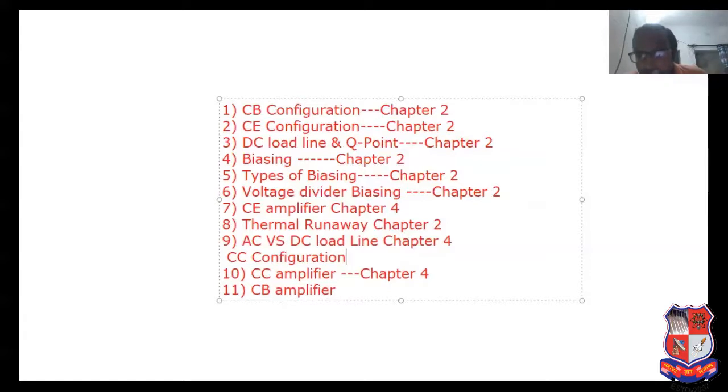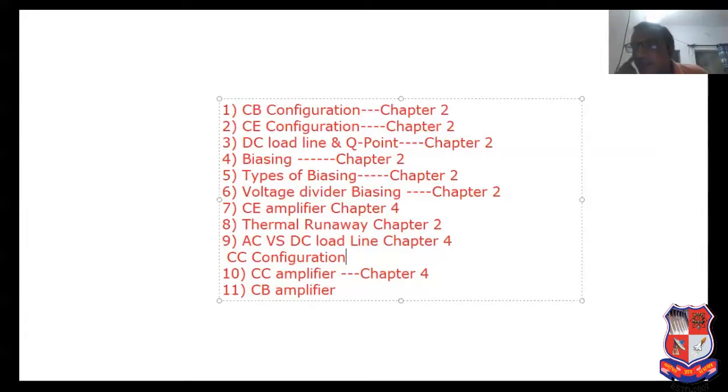This is the correct sequence to prepare the concept of transistor, so prepare very carefully, in depth. First of all, start with common base configuration.